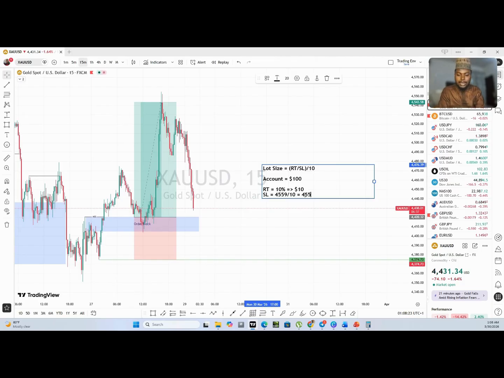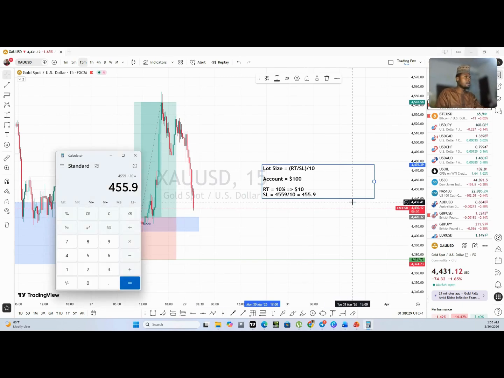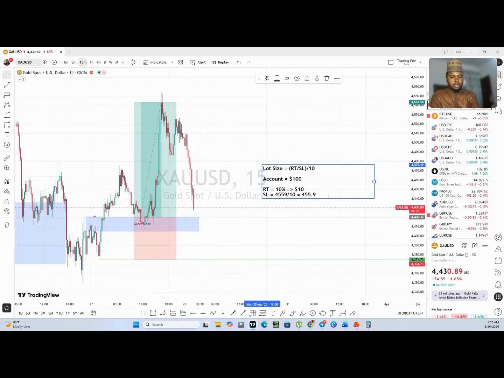That's 455 and 0.9 pips. So this is going to be our stop loss.